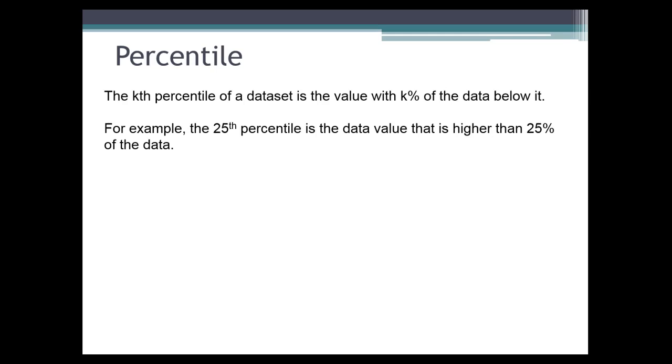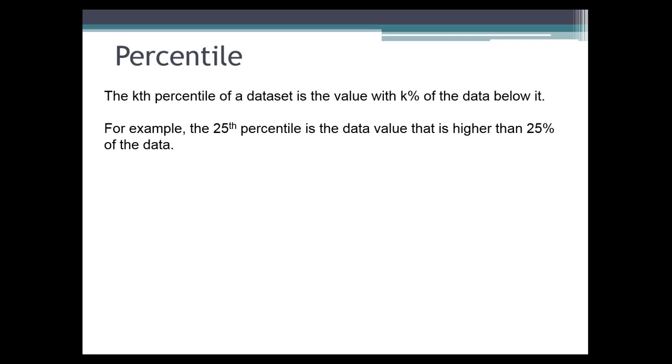The kth percentile of a data set, k can be any number between 1 and 99, is the value with that percent of the data below it. Now, it's not below or equal to it, it's just below it.